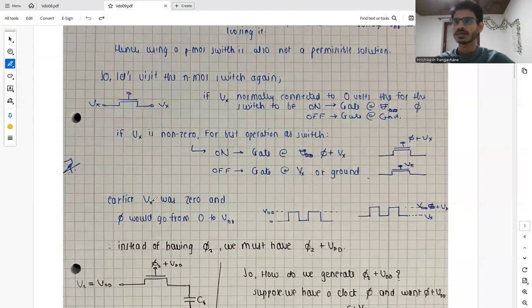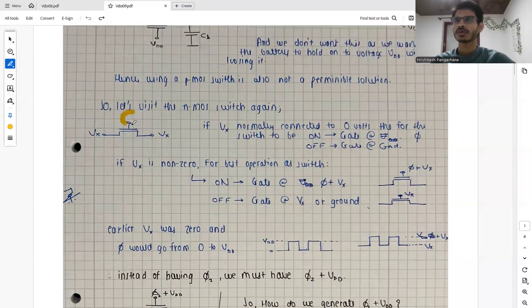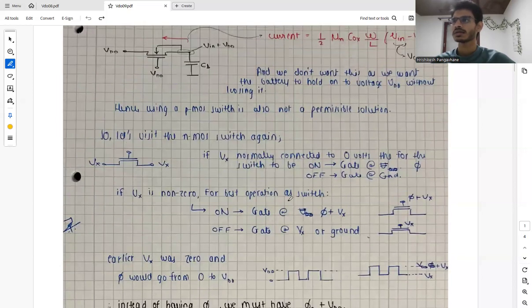So earlier Vx was 0, and the phi would go... if we talk about the phi earlier, we wanted phi at the gate, right? So phi was going from 0 to VDD, from VDD to 0. That was when Vx was 0, but now Vx is some value.